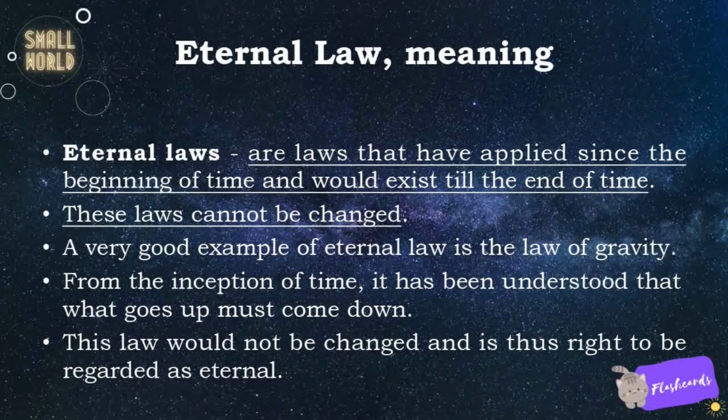These laws cannot be changed. A very good example of eternal law is the law of gravity. From the inception of time, it has been understood that what goes up must come down. This law would not be changed and is thus right to be regarded as eternal.